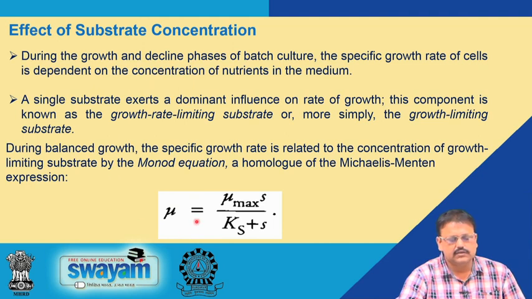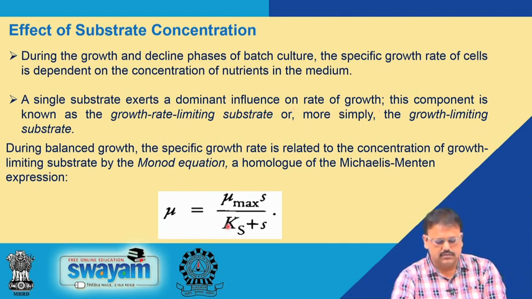Another type of growth kinetics was developed by Michaelis-Menten, that is mu equals mu max S by Ks plus S. Here S is the substrate concentration, mu max is the maximum growth rate, and mu is the growth rate at any time. This considers only a single substrate condition exerting a dominant influence on the rate of growth.